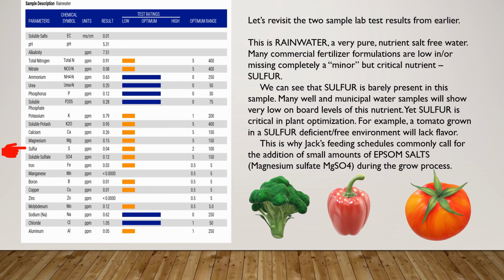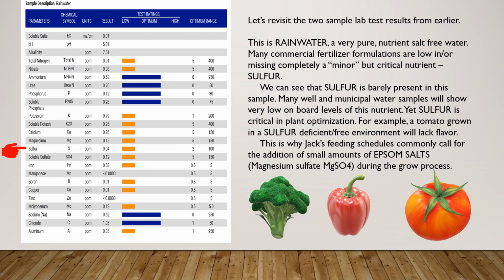As a result, a company such as Jack's that's rooted in science, when they're making recommendations after looking at different water samples, will very often recommend the periodic addition of small amounts of Epsom salts. You'll see this quite commonly.